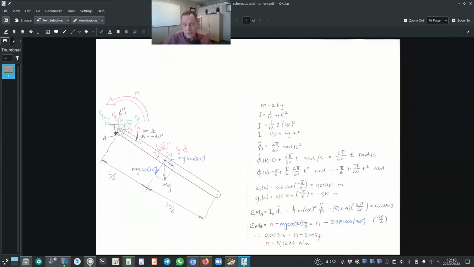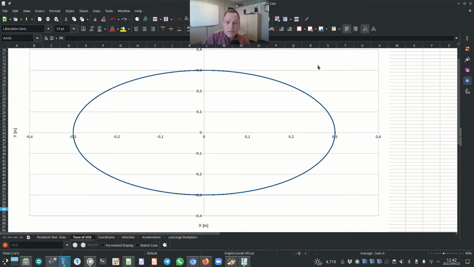So Lagrange multiplier 3 corresponds also magnitude-wise with the calculated moment as well as the sign. The sign is the same. And if you bear with me just for a little bit, at the end of this lecture, I'll explain why this is the case.